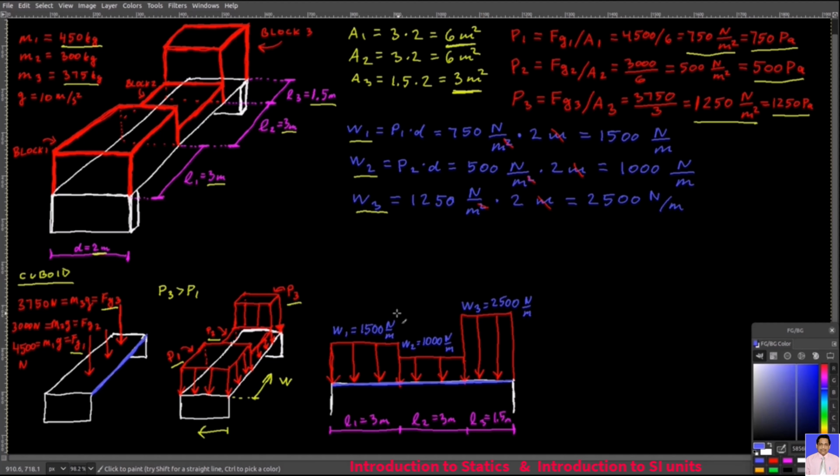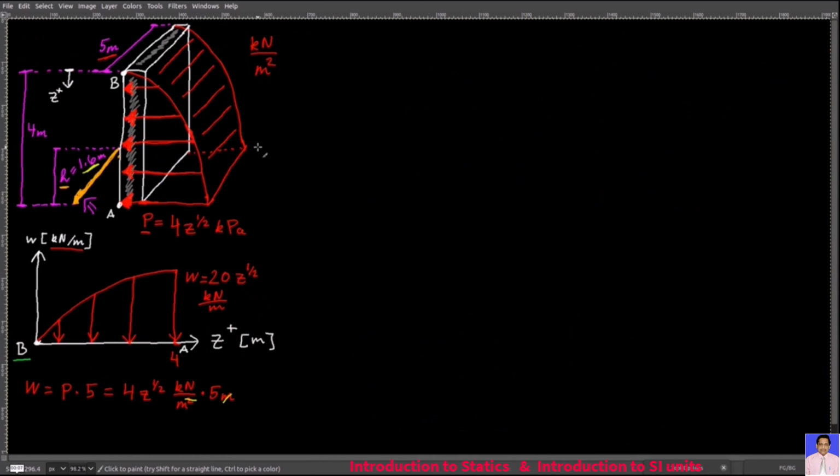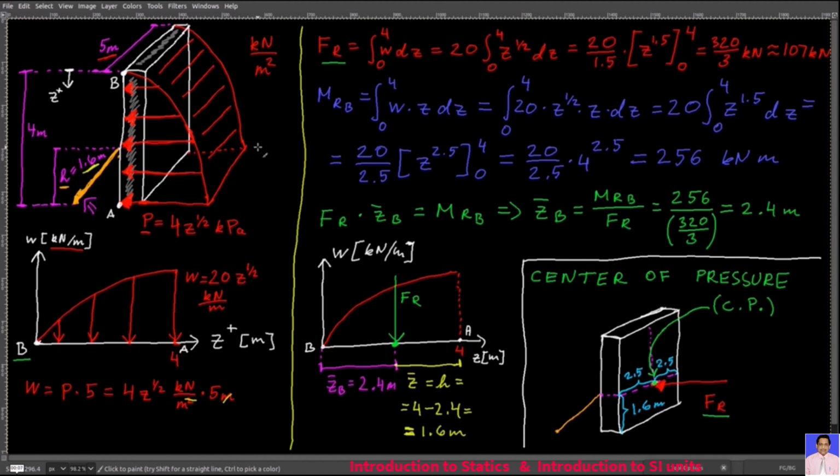Oftentimes, your structures are not subject to point forces only, but rather to distributed pressure forces. We will learn how to describe distributed loads and how to convert them to equivalent point force systems to make our structural analysis easier.